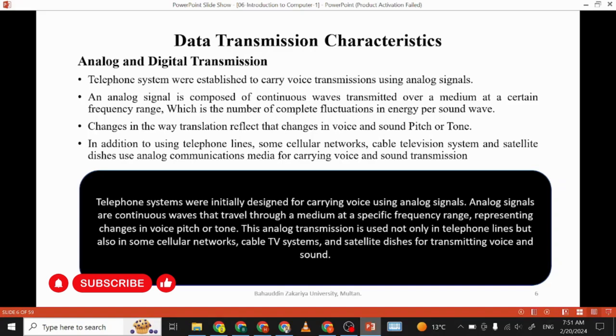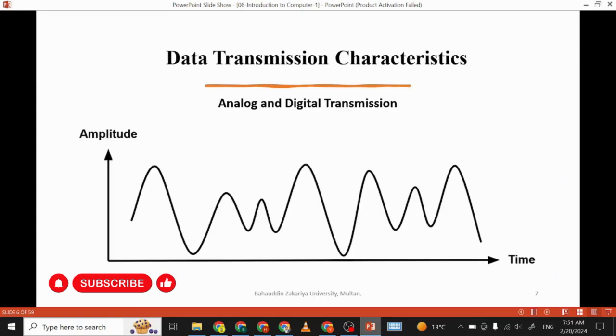This analog transmission is used not only in telephone lines but also in some cellular networks, cable TV systems, and satellite dishes for transmitting voice and sound. This is the graph of amplitude and time for the analog and digital transmission. Kinds of waves are shown there.